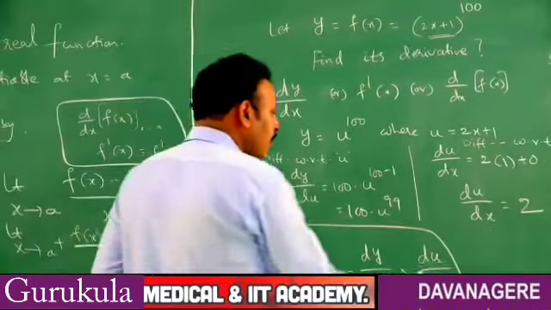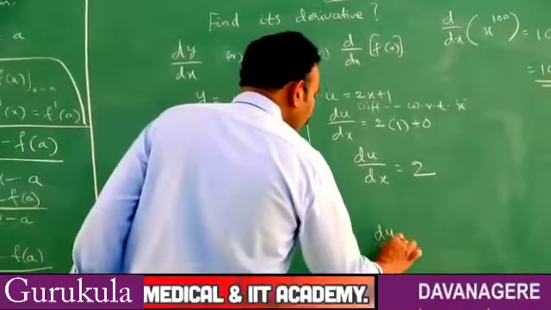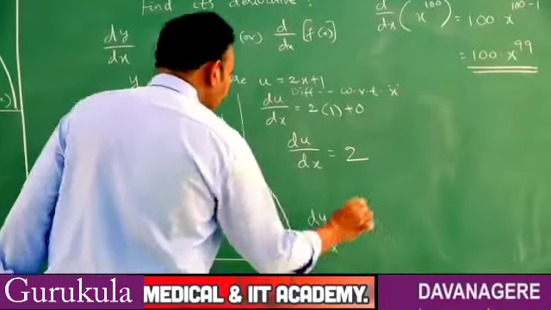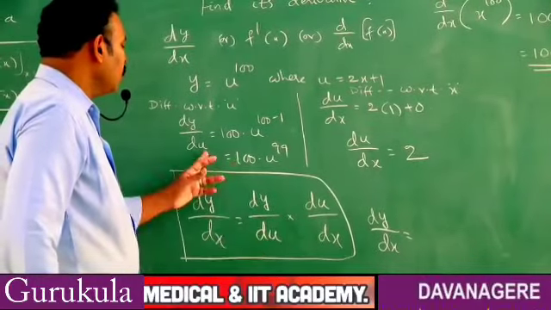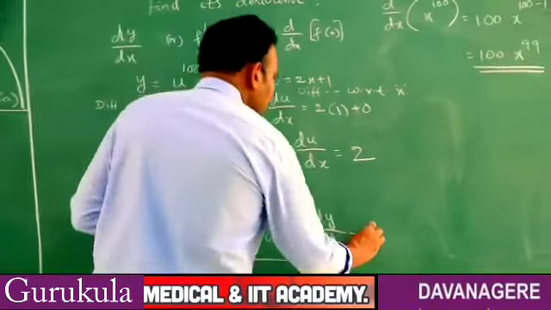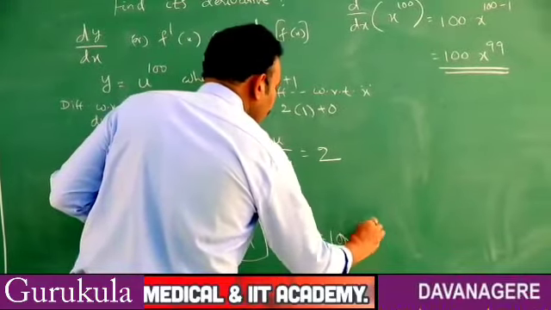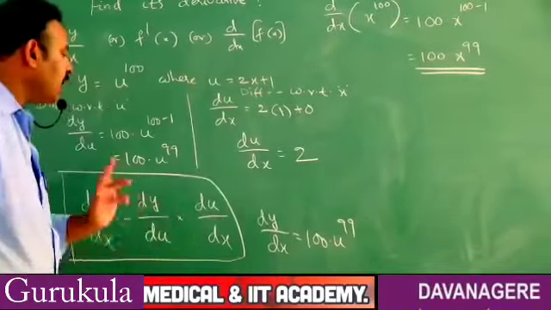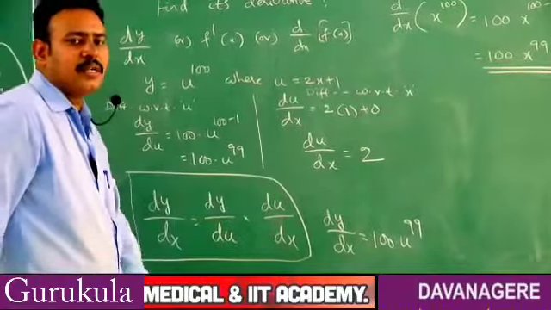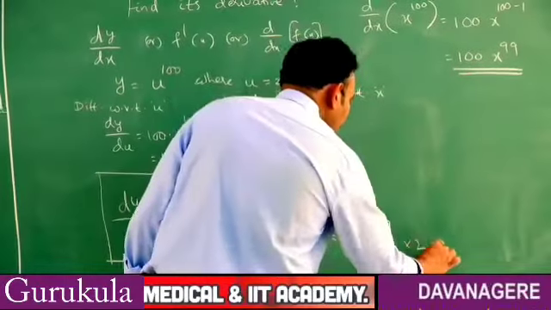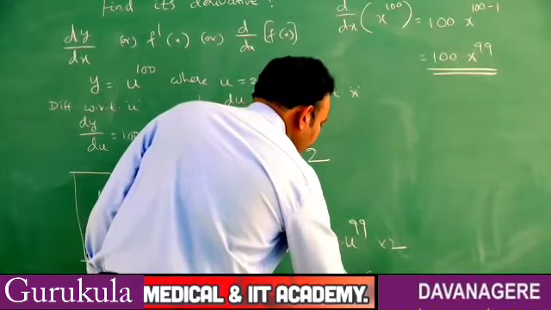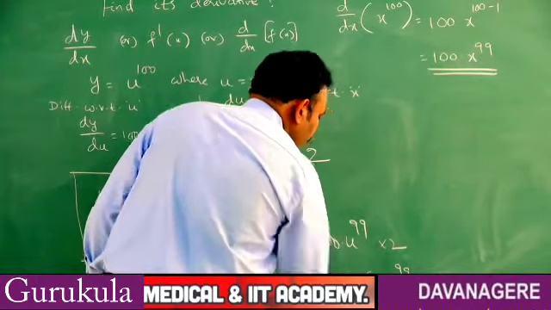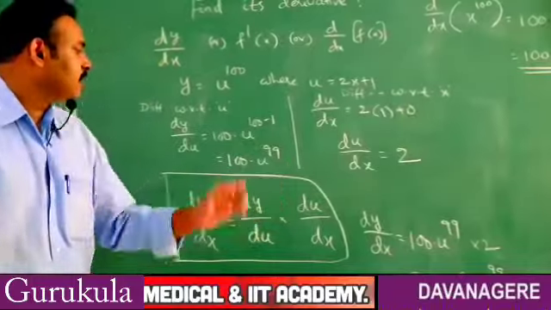Now dy by dx is equal to dy by du, 100 into u to the power of 99, times du by dx, 2. Totally 200 into u value, 2x plus 1 whole to the power of 99, students.